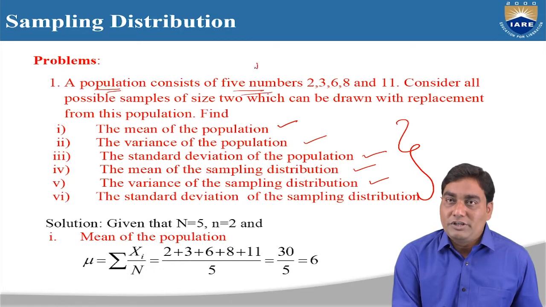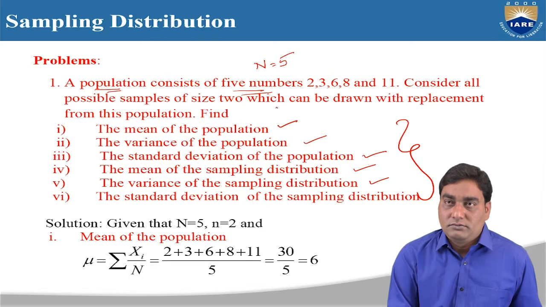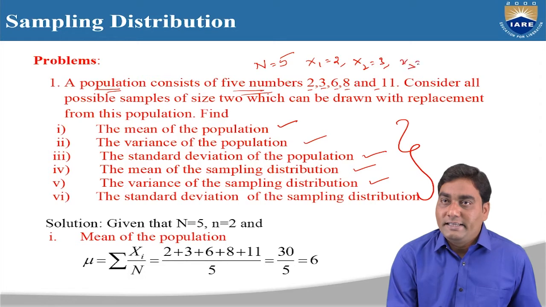That means population size is 5, capital N equal to 5. The 5 values are given: 2, 3, 6, 8, 11. That means x1 equal to 2, x2 equal to 3, x3 equal to 6, x4 equal to 8, x5 equal to 11.